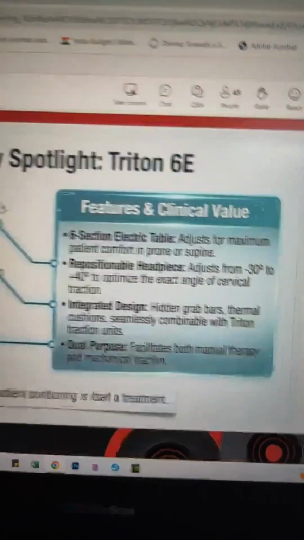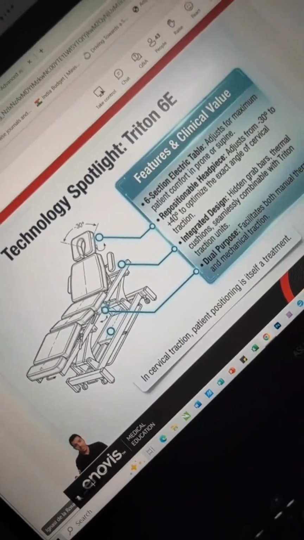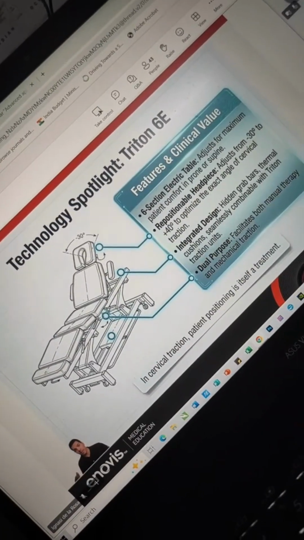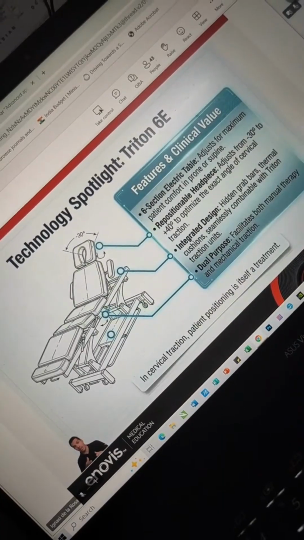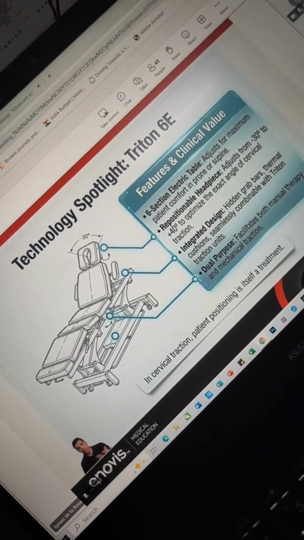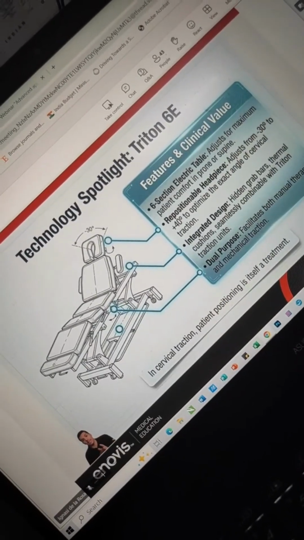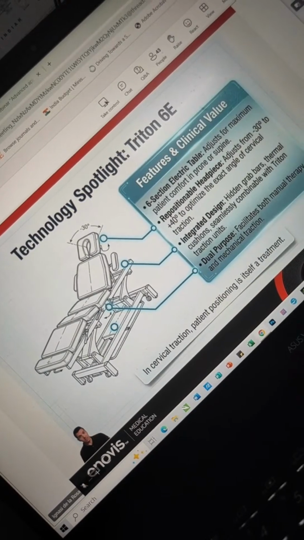A few specific points regarding the Triton 6E, since it allows us to combine positioning, manual therapy as well, but above all the mechanical traction, something we can't apply with our hands during programs lasting 15, 20 or more minutes, all right? And its very design makes it easier for us to adapt the patient to either a prone or supine position, all right?